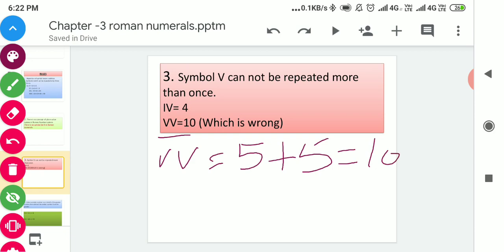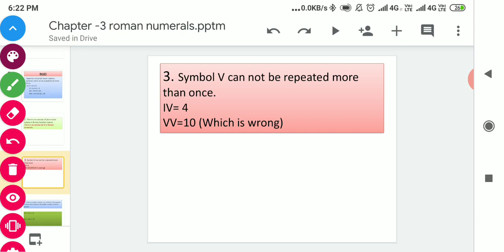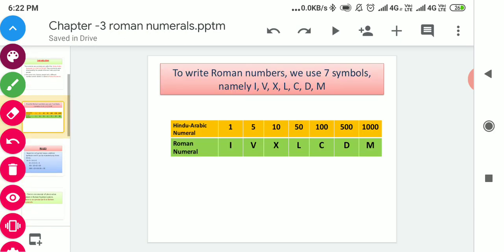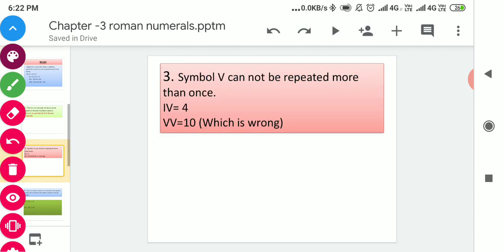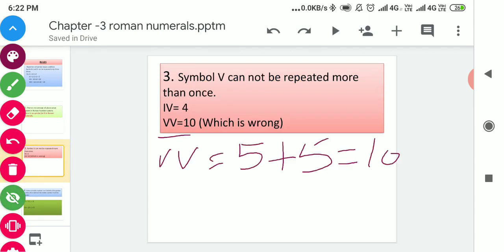But as we know, in this chart, the value of 10 is X. And here in this question, the value of VV comes to 10. So according to that chart, the value of 10 will be X, and here VV is coming 10.